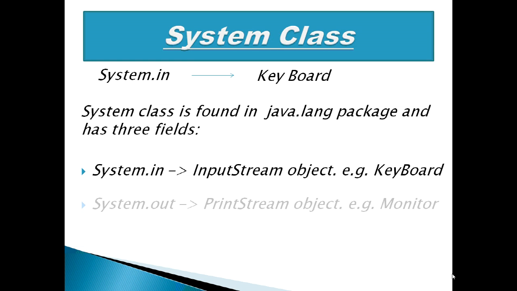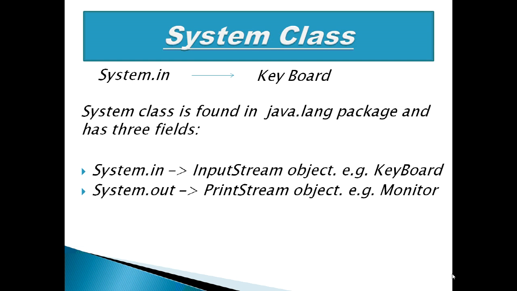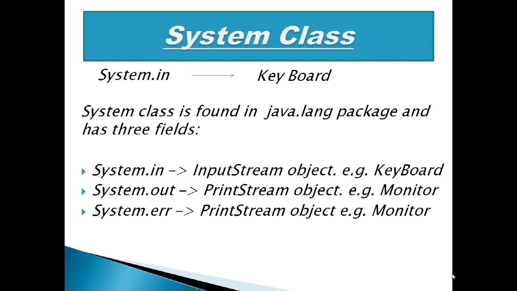Next is System.out. This represents print stream object, which by default represents standard output device that is monitor. It is used to display normal messages and results. Third one is System.err. This field also represents print stream object, which by default represents monitor. It is used to display error messages.